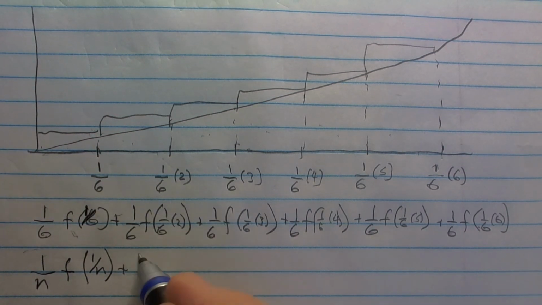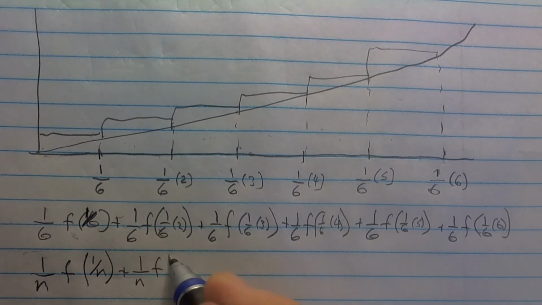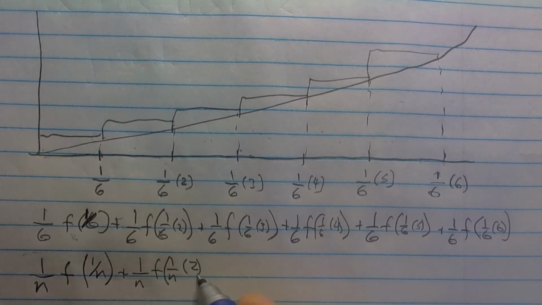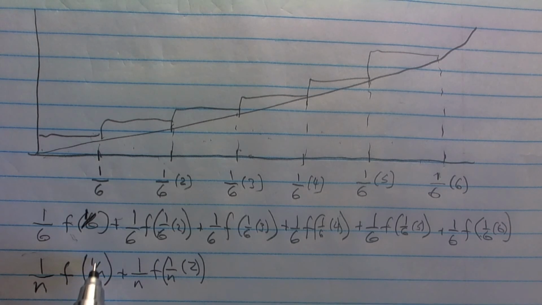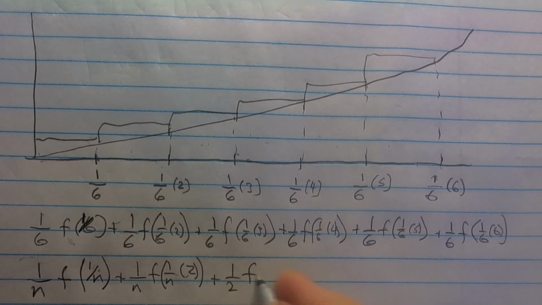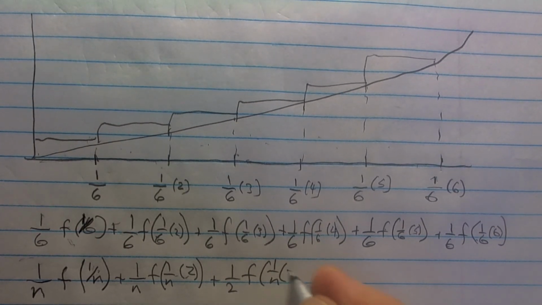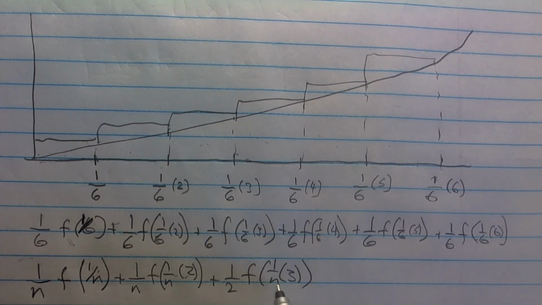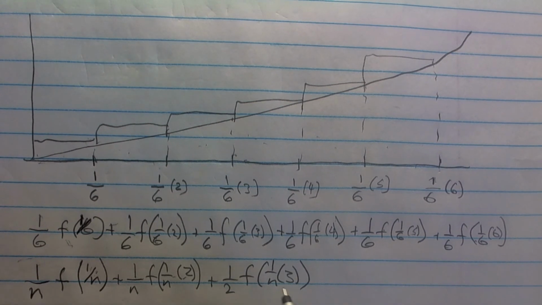And then I would have 1/n, f of 1/n times 2. See? Here's f of 1/n times 1, f of 1/n times 2. Then I would have 1/n, f of 1/n times 3. I'm just replacing the 6 with an n.